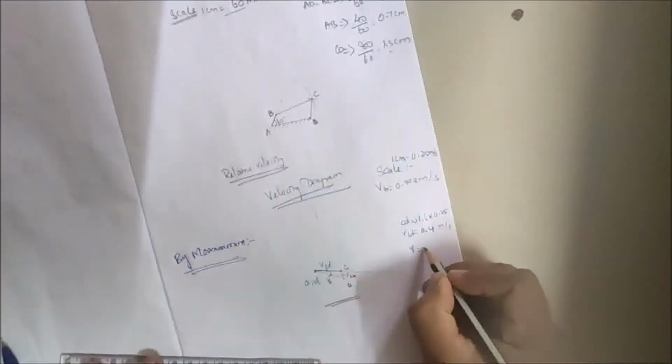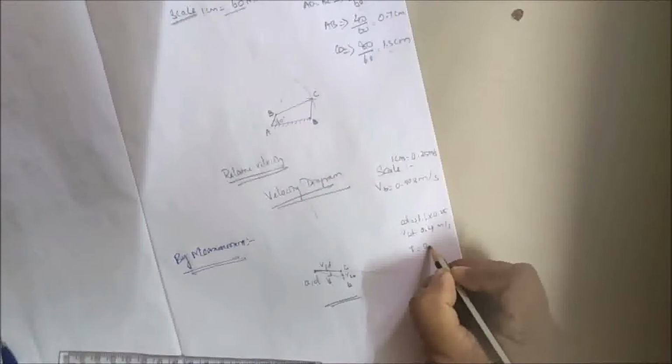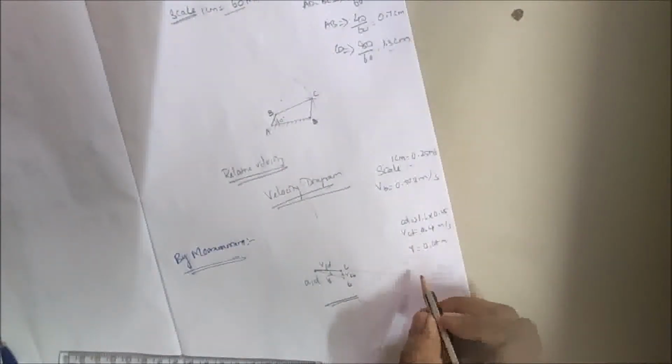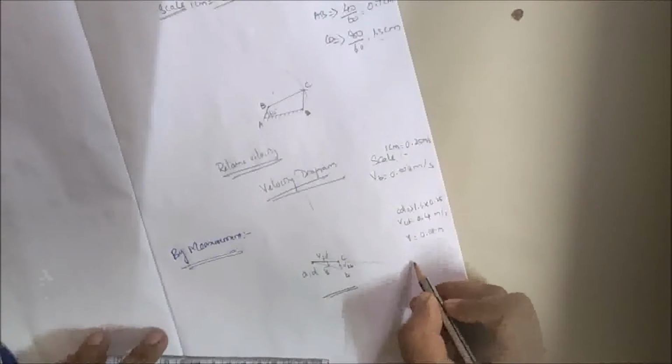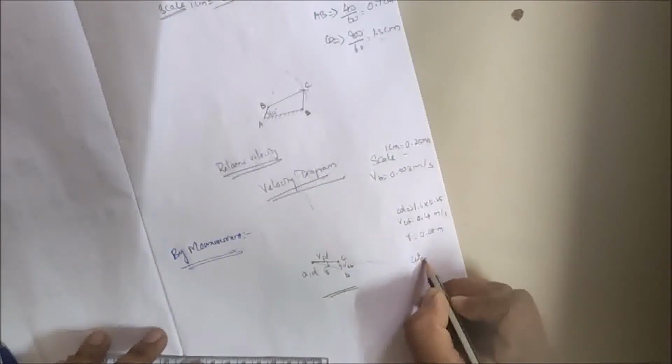Another thing, we know the radius of CD, that length, which is 0.08 meter. And from this we can find omega CD.